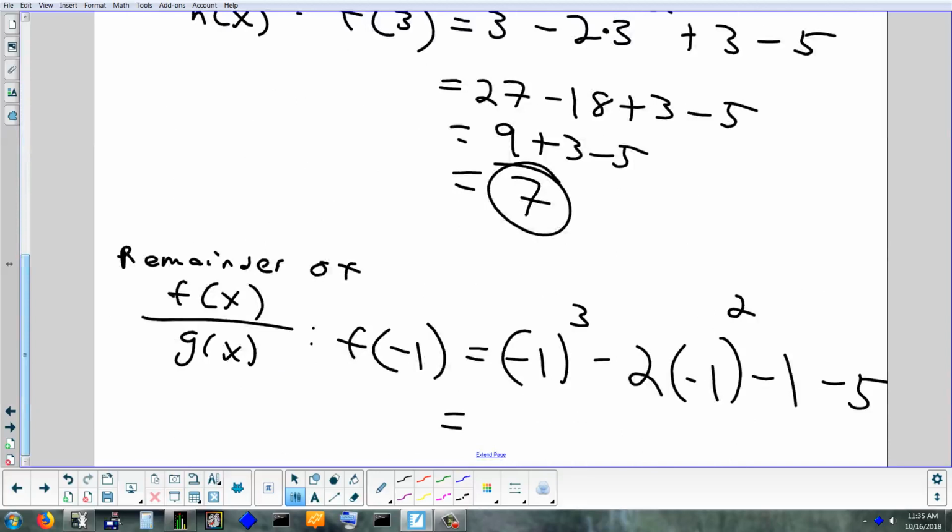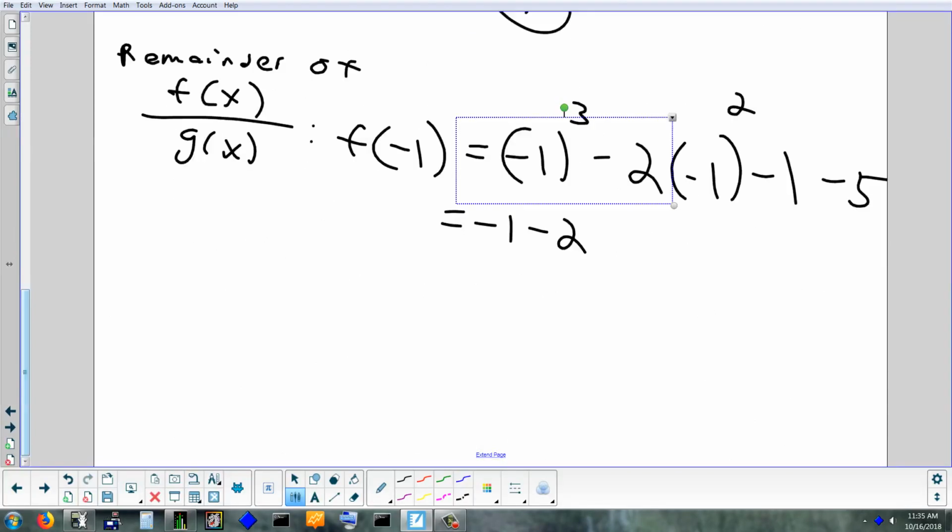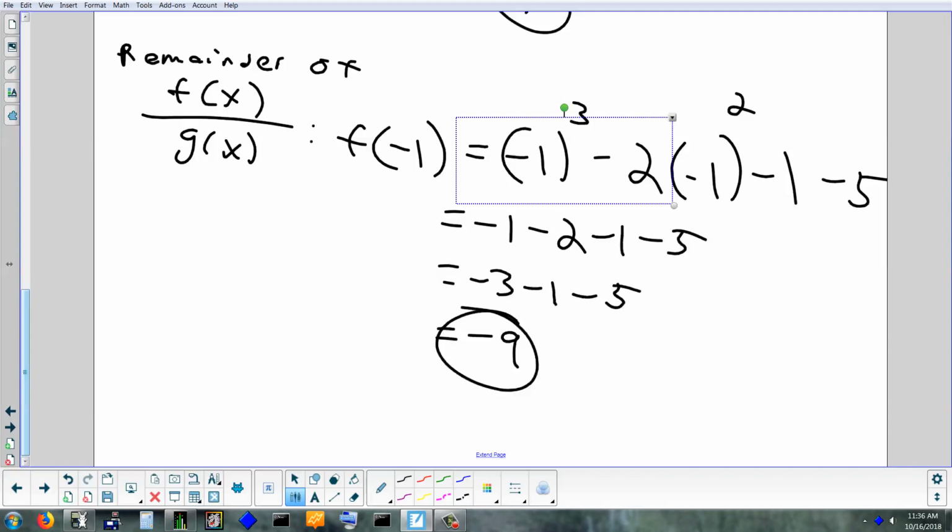Negative 1. And then negative 1 squared is positive 1 times 2. So that's a minus 2. So negative 1 minus 2 minus 1 minus 5. So it's negative 3. Negative 3 minus 1 is negative 4. Minus 5 is negative 9.